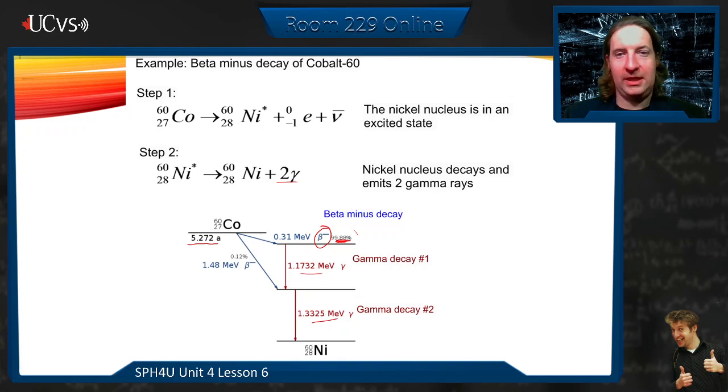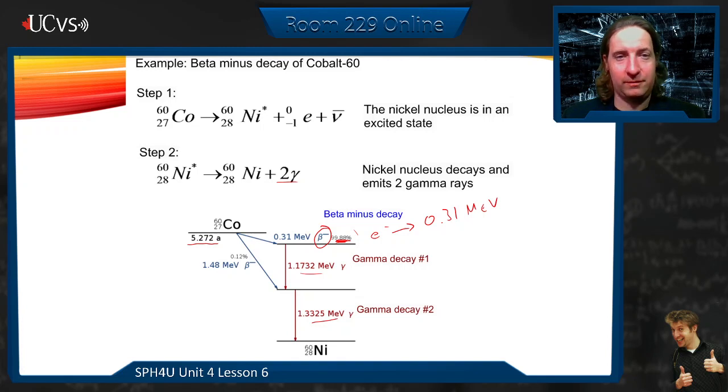Most of it gives off an electron. This is what beta minus means: an electron is given off. The energy of that electron is 0.31 mega electron volts. That's the electron that leaves. Then, almost instantaneously, because it's at a high energy state, it has to drop down, and it actually drops down twice.